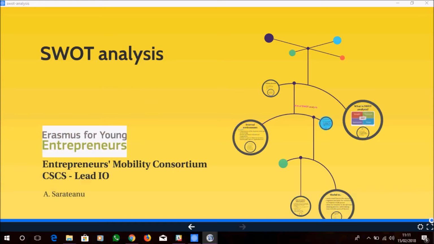Yes, Mihaela. So the question, I couldn't hear you very well. The question was if I expect young entrepreneurs from the program to insert the action plan at the end of the SWOT analysis, right? Yes, yes. Okay. Well, yes. I mean, I would expect young entrepreneurs to use the SWOT analysis in order to understand their environment and in order to plan the actions they should take.